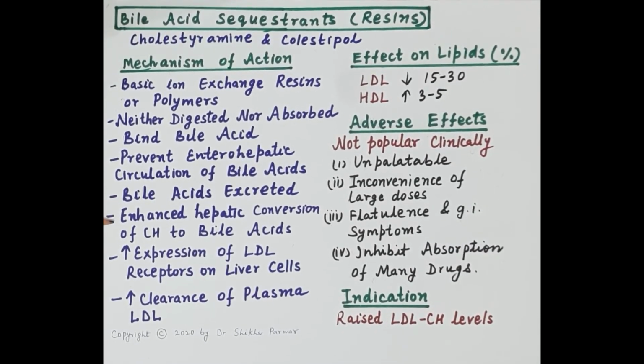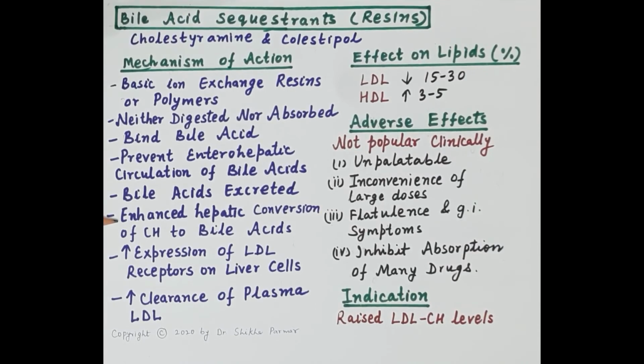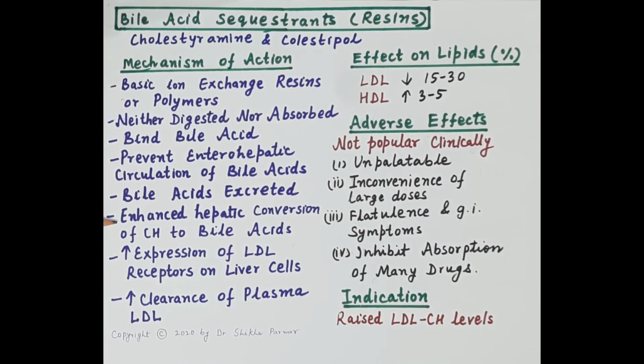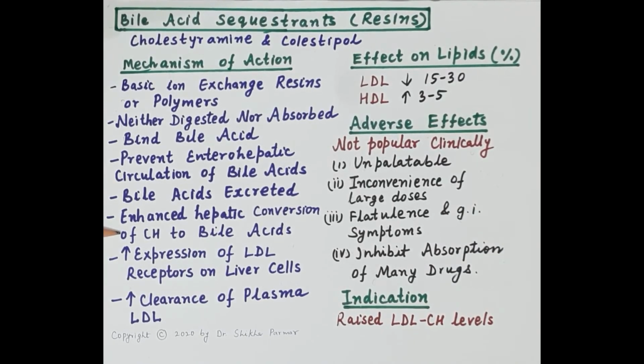Now, since the body requires bile acids for the emulsification of fats, more and more cholesterol in the liver is used up for the synthesis of new bile acids. So, there is enhanced hepatic conversion of cholesterol to bile acids in order to produce new bile acids.